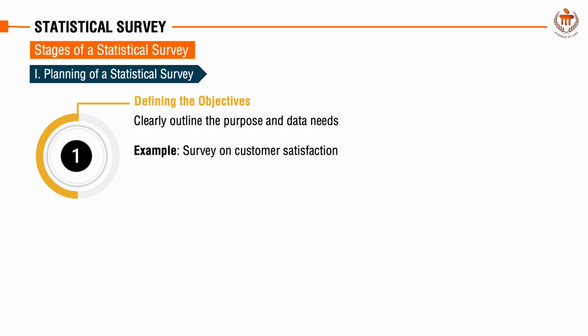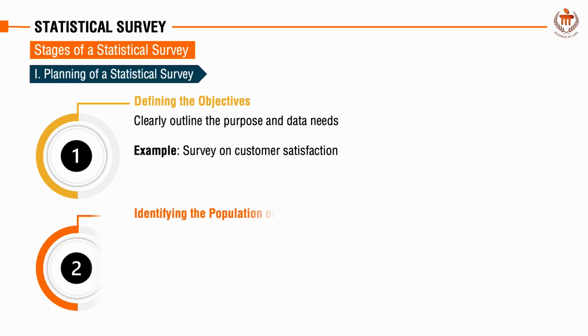An example is a survey on customer satisfaction, where aiming to get feedback to analyze service quality or product performance can ultimately help us have better clarity on further decision making.